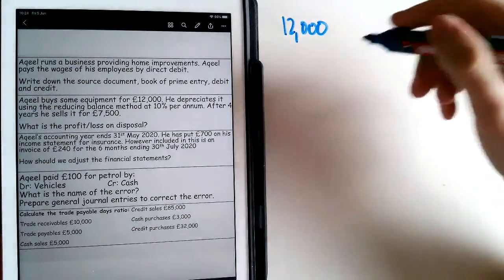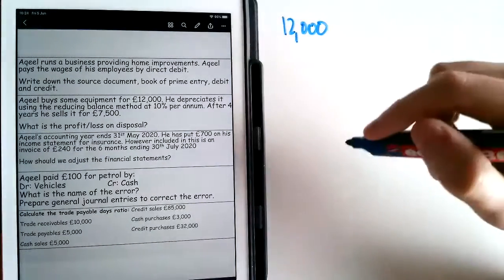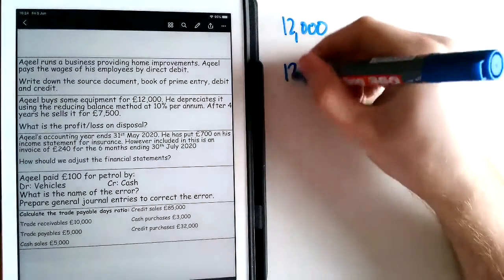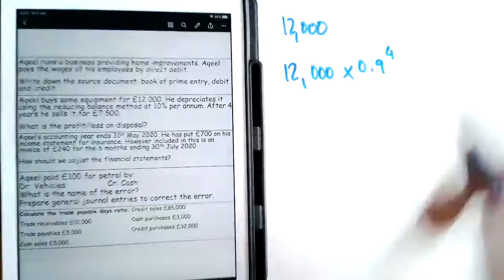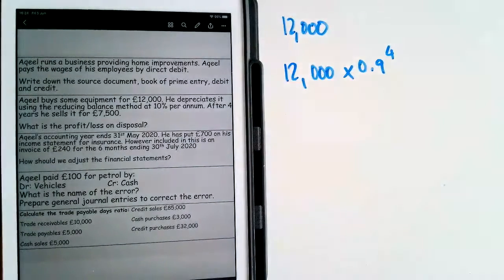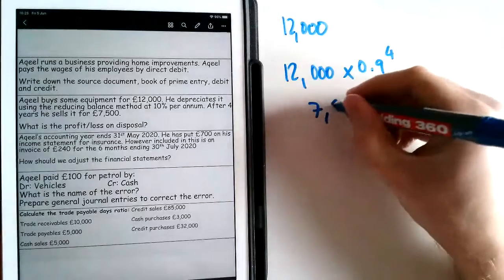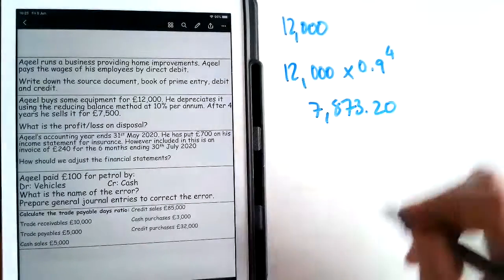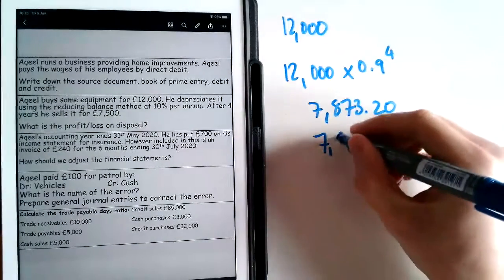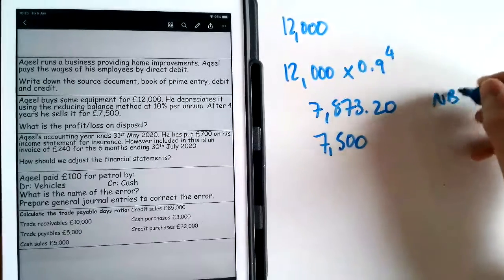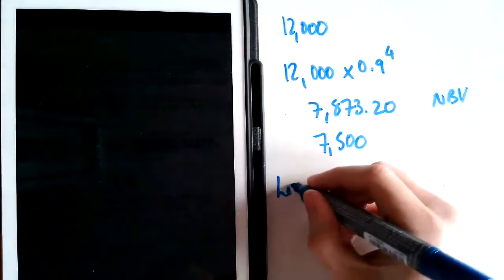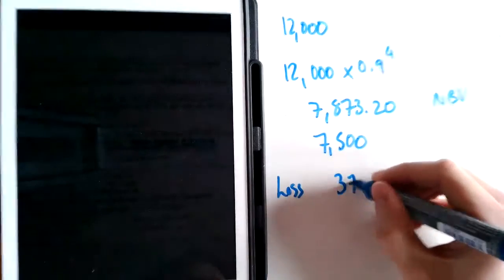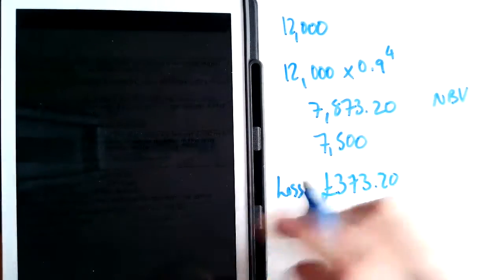You can either do 10% each year and keep taking it away, or you could do 12,000 times 0.9 to the power 4, which should give us £7,873.20. He sells it for 7,500. Sorry, that was the net book value. He sells for less than net book value, so he's making a loss, and the difference is 373.20.